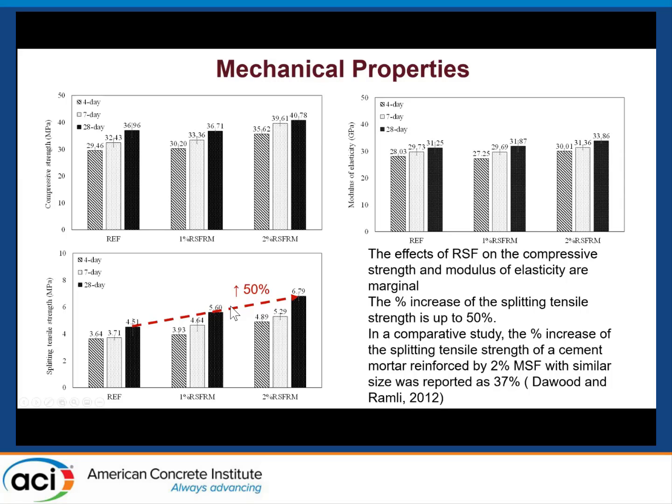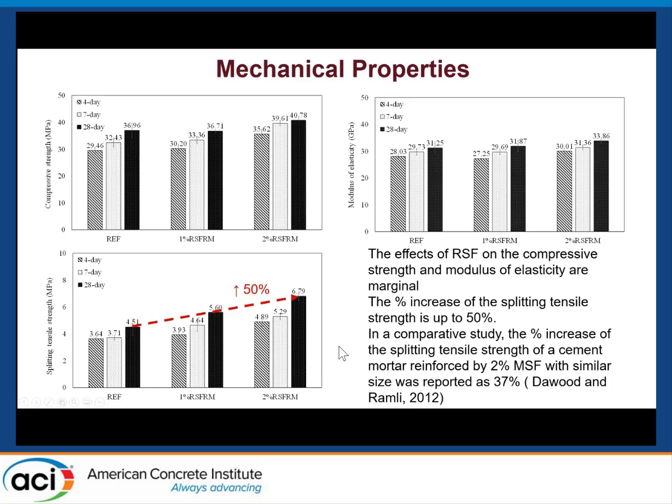So the major conclusions here are that the effects of recycled steel fiber on the compressive strength and the modulus of elasticity are marginal. However, the percent increase of the split tensile strength, as you can see in this graph, can be up to 50% if we add 2% recycled steel fiber in the mortar.